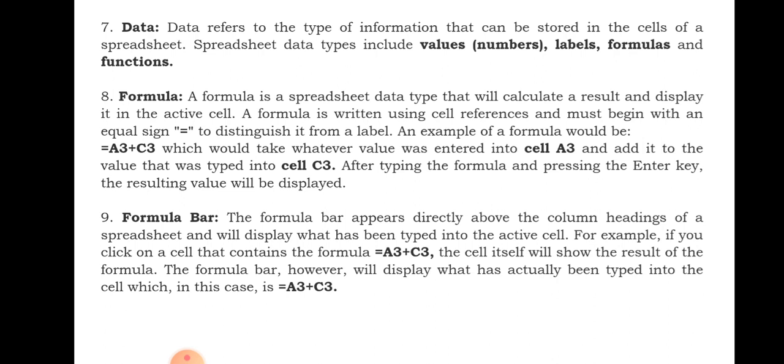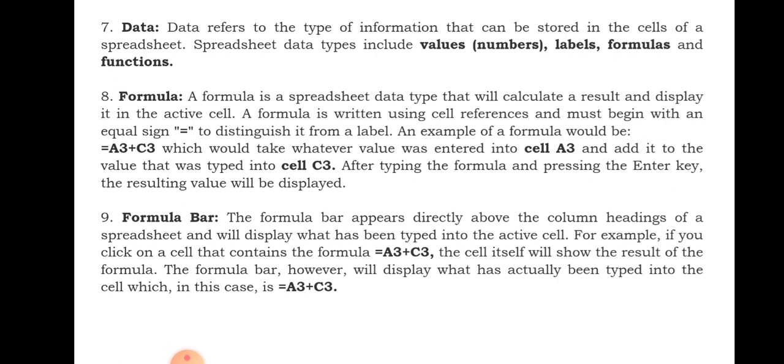For example, if you click on a cell that contains the formula equal A3 plus C3, the cell itself will show the result of the formula, but the formula bar, however, will display what was actually typed into the cell, which in this case is A3 plus C3.